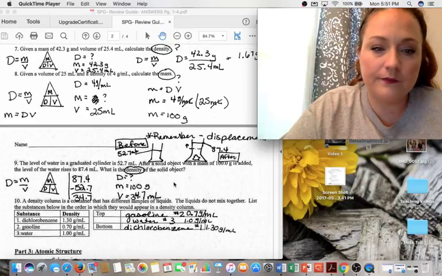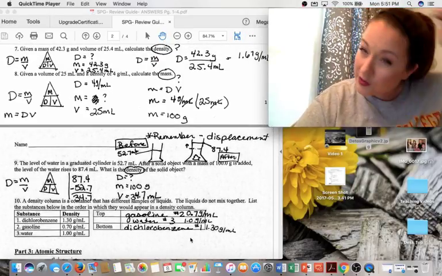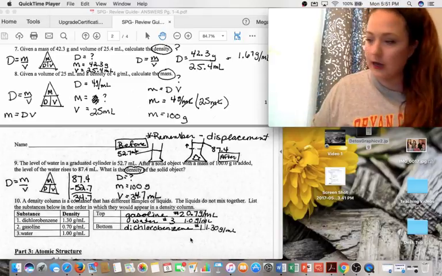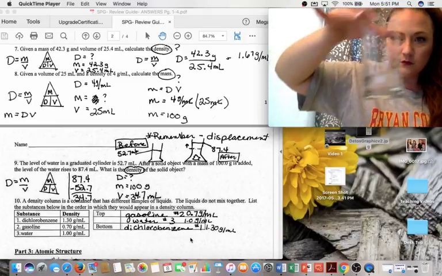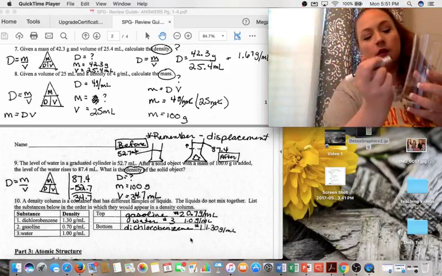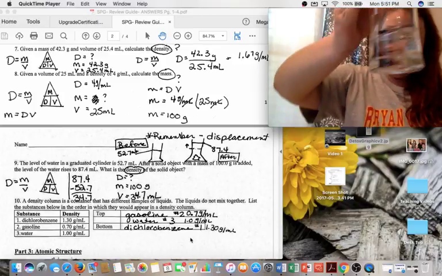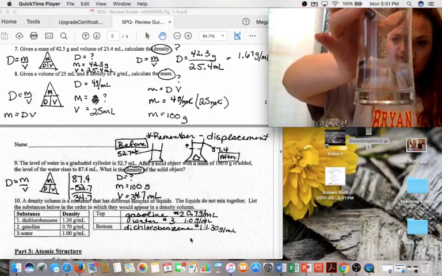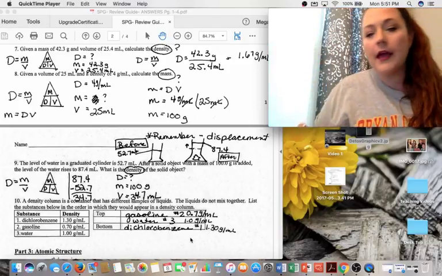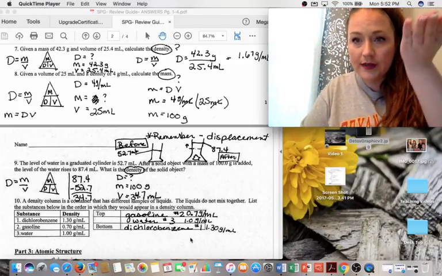All right, so this tricks a lot of you up, the word displacement. So, water. My water line is right here. And what displacement means is how much rises.